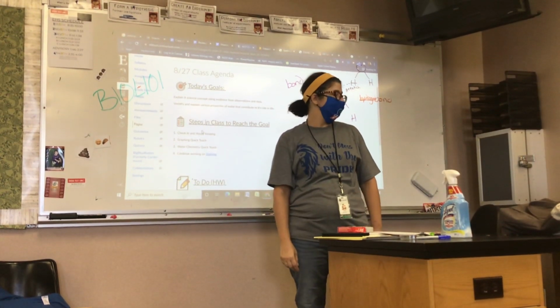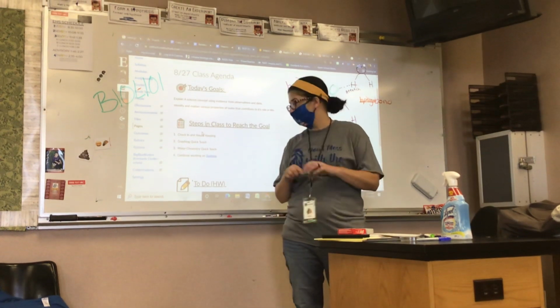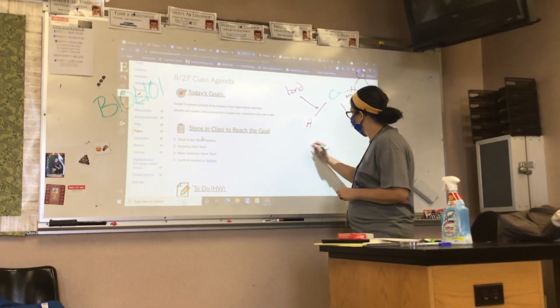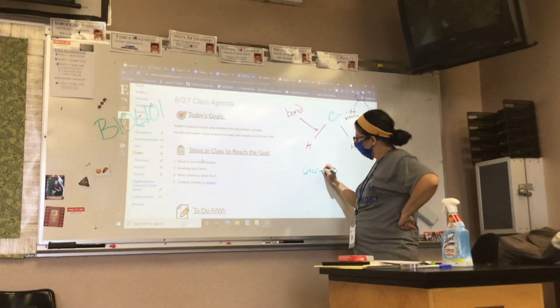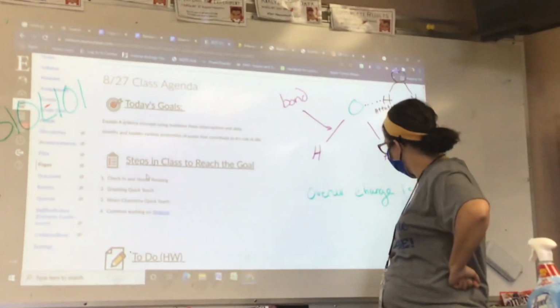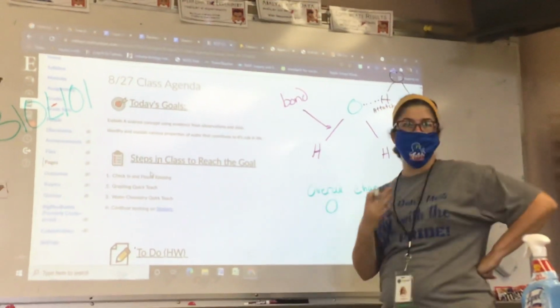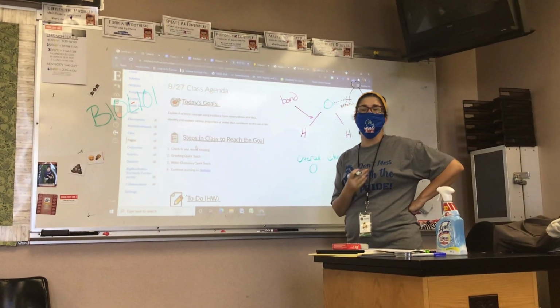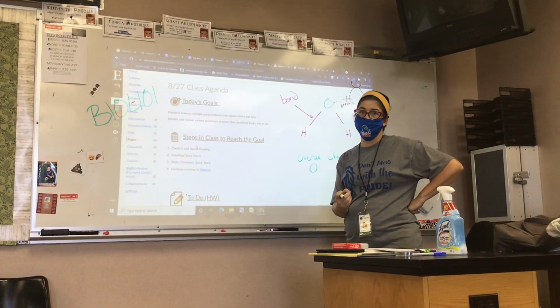It's a neutral molecule. It's not an ion, so it has an overall charge of 0. If it's neutral, what do we know about the protons and electrons? What do we know about the positive and negative charge?